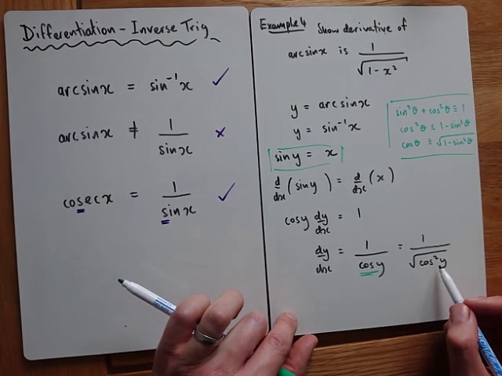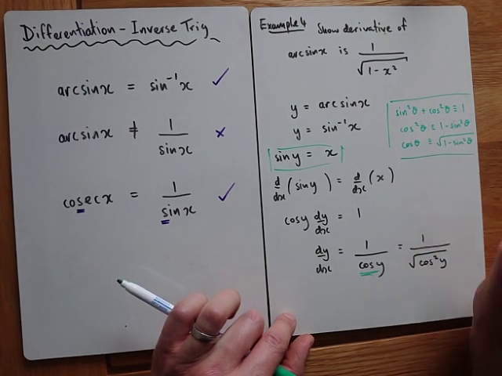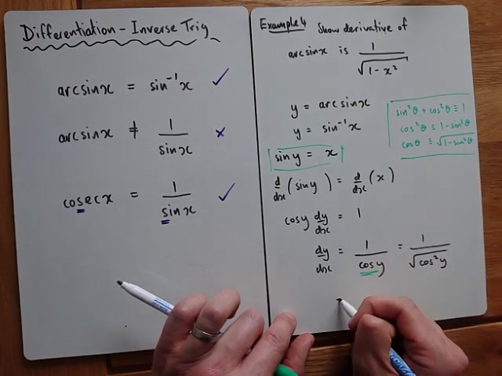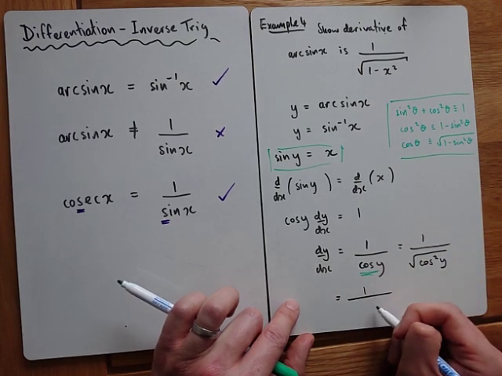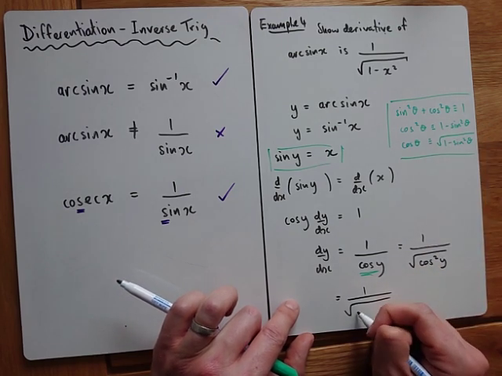And now that I've got cos squared inside, we know that cos squared is 1 minus sine squared. So we're using this identity. So that would be the same as the square root of 1 minus sine squared.